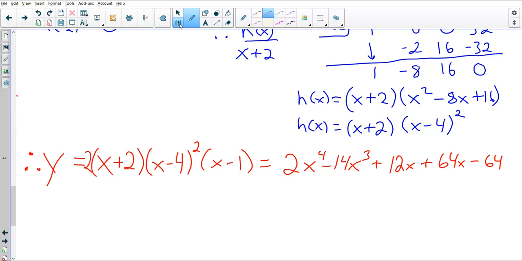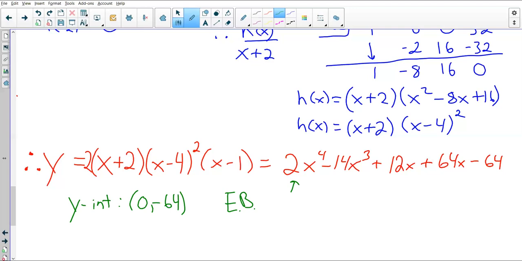So what do we know about the, well, let's do the y-intercept. There's a nice easy one. We've got all of our x-intercepts, but for our y-intercept, we can see that it's going to be at 0 and negative 64. If I want to know about the end behavior, I'm looking at the fact that I have a positive sign in front of the leading coefficient, and I have an even function.